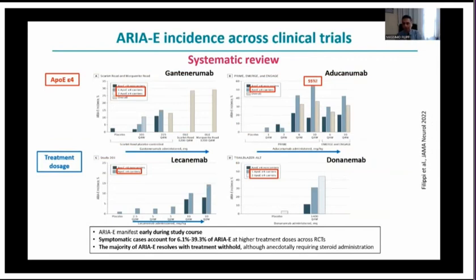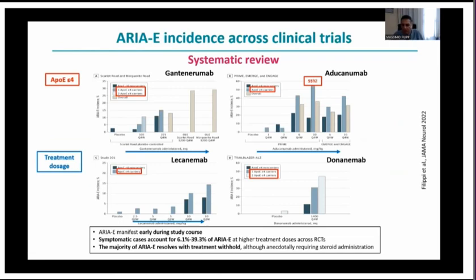We also performed a systematic review in which we tried to understand whether there were some risk factors to develop ARIA a priori, in order to stratify our patients and reduce the risk of having such MR abnormalities.